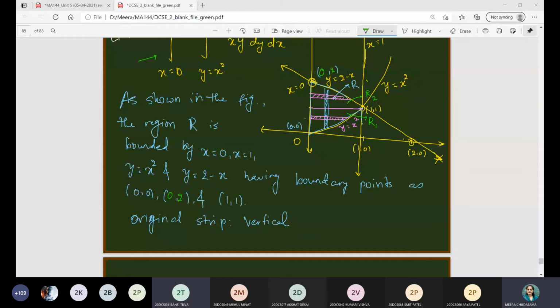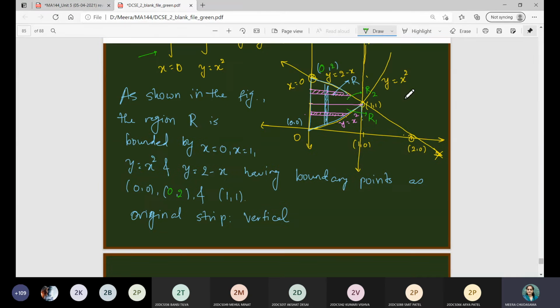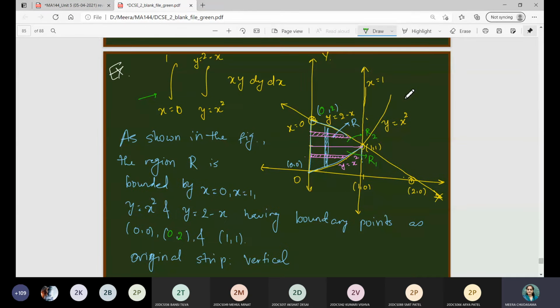Clear about it? If you are not clear, let me give you the statement again. Whichever variable is given as constant limits, perpendicular to that axis you have to consider the strip. Is this statement clear?